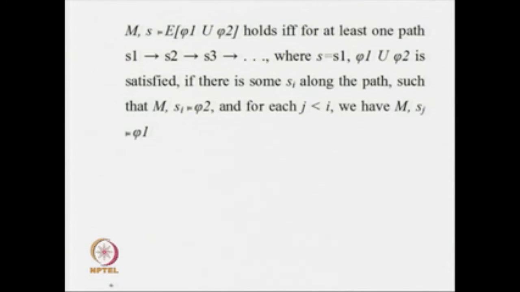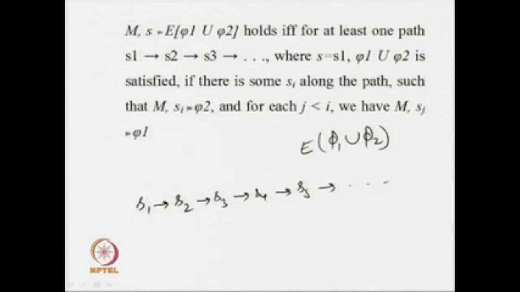Now, see another one, E phi 1 until phi 2. Again, we take any execution trace S1, S2, S3, S4, S5, and so on.